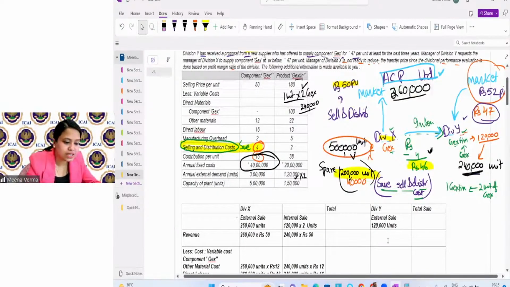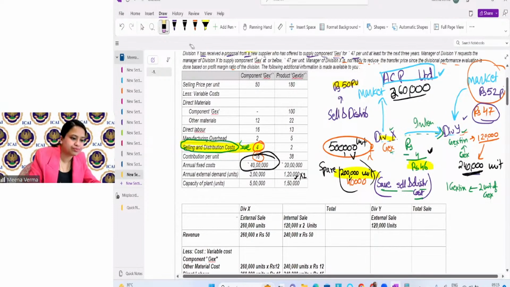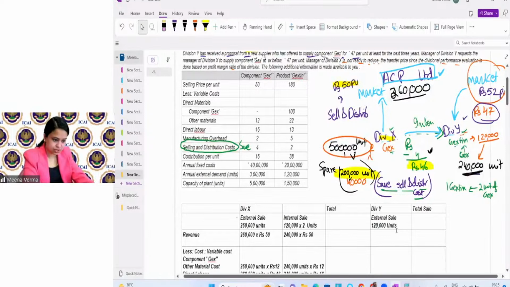Okay. Now let's see, for 1,20,000 units, at what price can we sell in the market? It is given, everything is given here. You just need to be careful when you're reading the question and when you're solving it. That's it. Now, what is the total sale value of these 1,20,000 units?